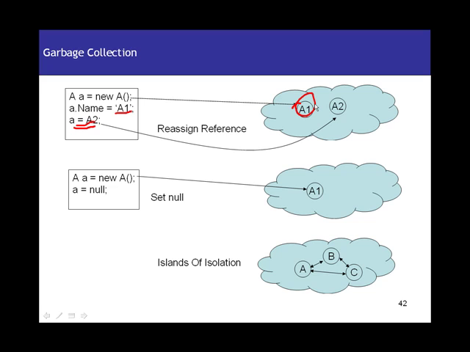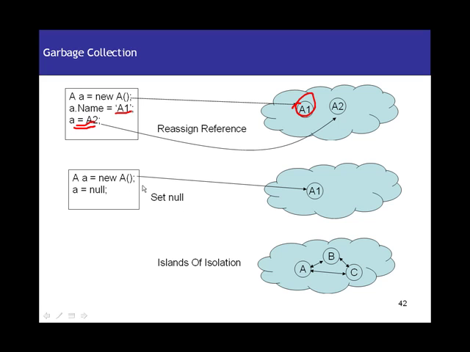As long as there is a reference in the stack for that particular heap object, that object can be reached through some means, and it is active. If not, it is not active, and it will be eligible for garbage collection. So in this case, A1 is eligible for garbage collection. So this is one method through which you can make an object eligible for garbage collection: reassigning the reference to some other object.